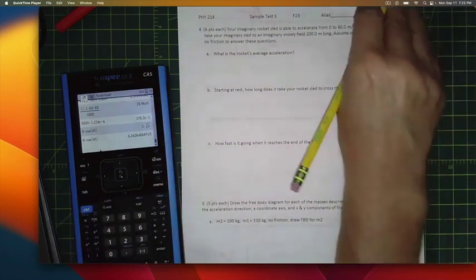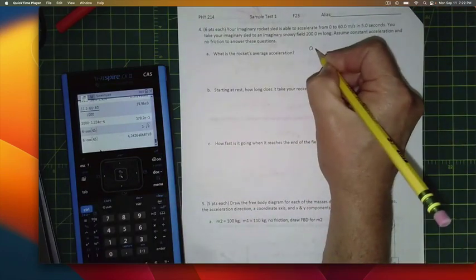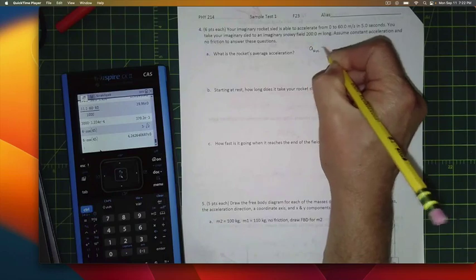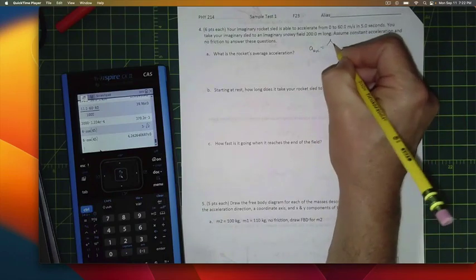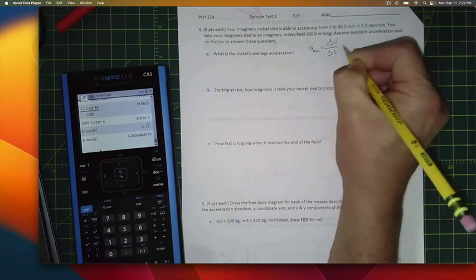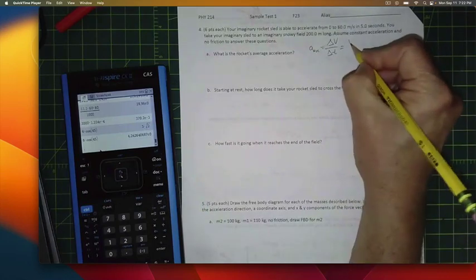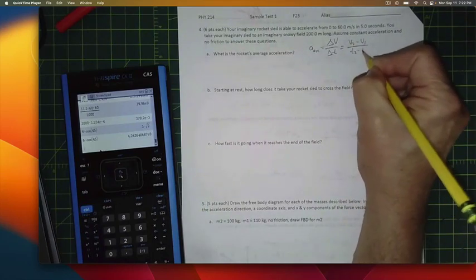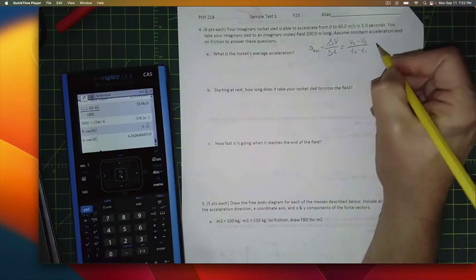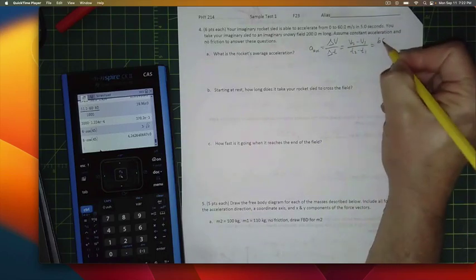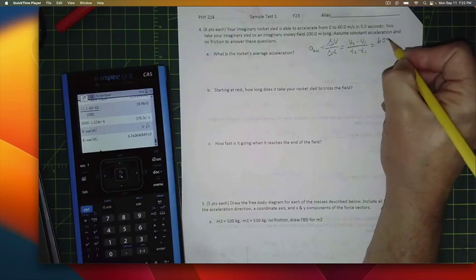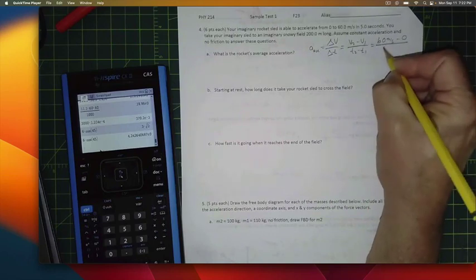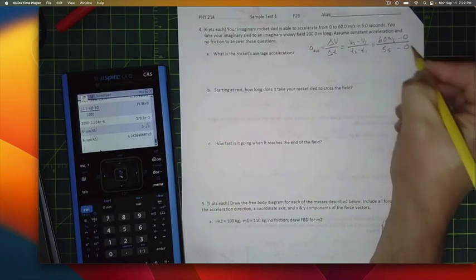So you should hopefully have on your equation sheet that average acceleration is delta V over delta T. Delta V, remember, is V2 minus V1, or final minus initial, over T2 minus T1, just the change in velocity over the change in time. It's going to be 60 meters per second minus 0 over 5 seconds minus 0.